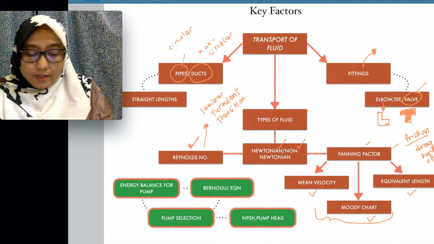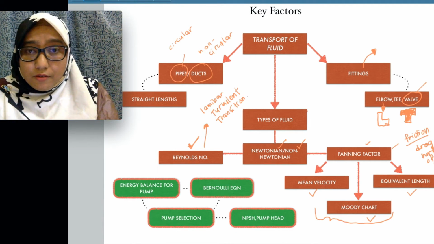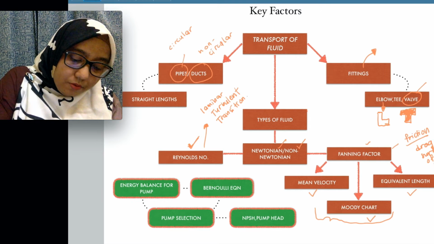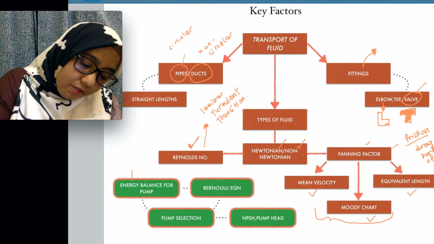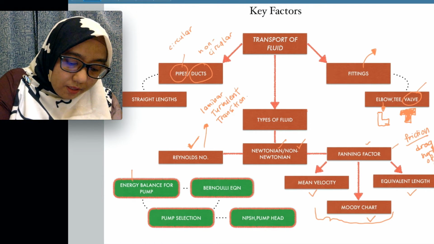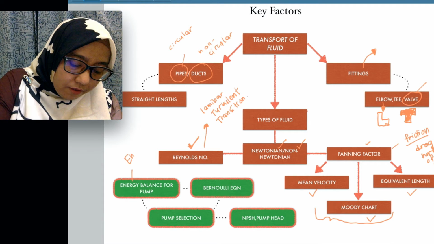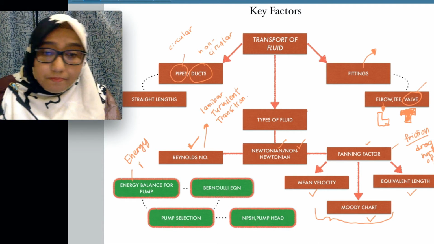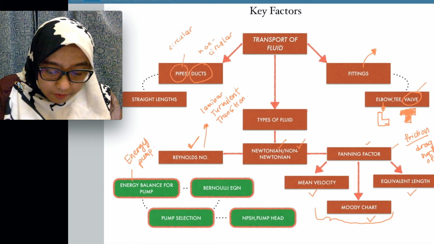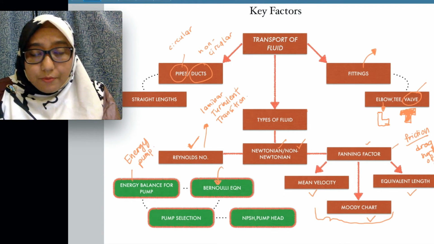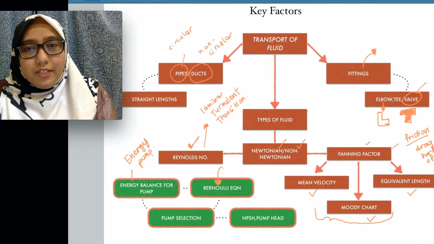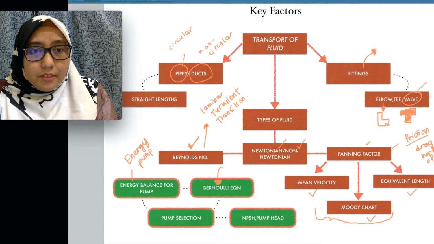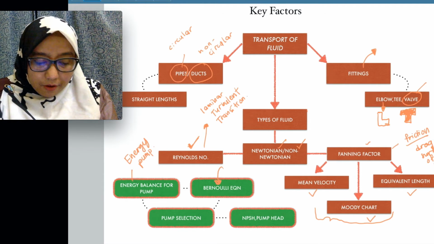Okay, next, once we understand all of this, we can go into this to get the energy for pump. So they will relate to the Bernoulli equation. Okay, when we talk about fluid flow, Bernoulli equation is the best principle to elaborate on it.